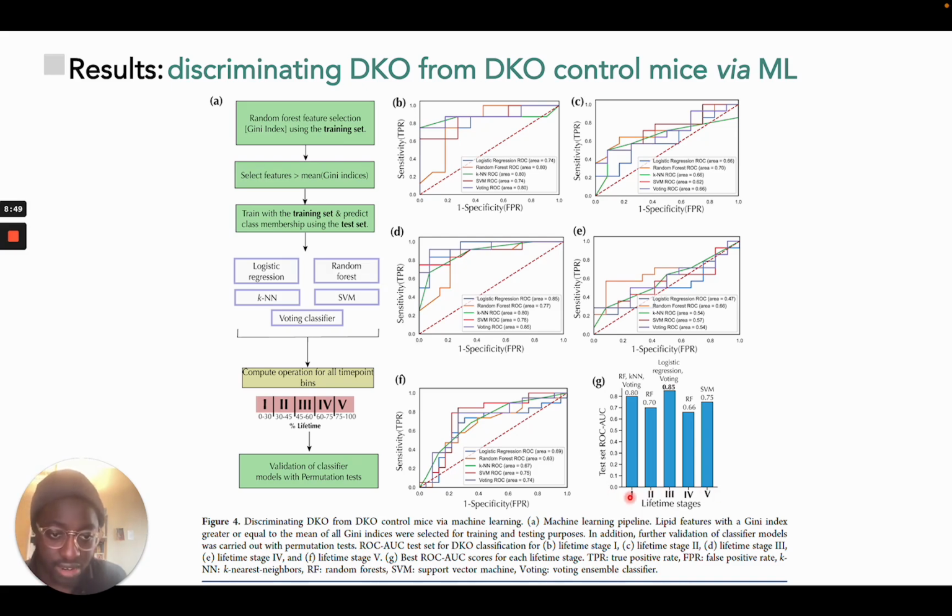And quite auspicious is the fact that even at stage 1, we are seeing 0.8 AUC values, which is quite interesting, and actually raises the promise of early stage markers if we have similar lipids showing up in humans.